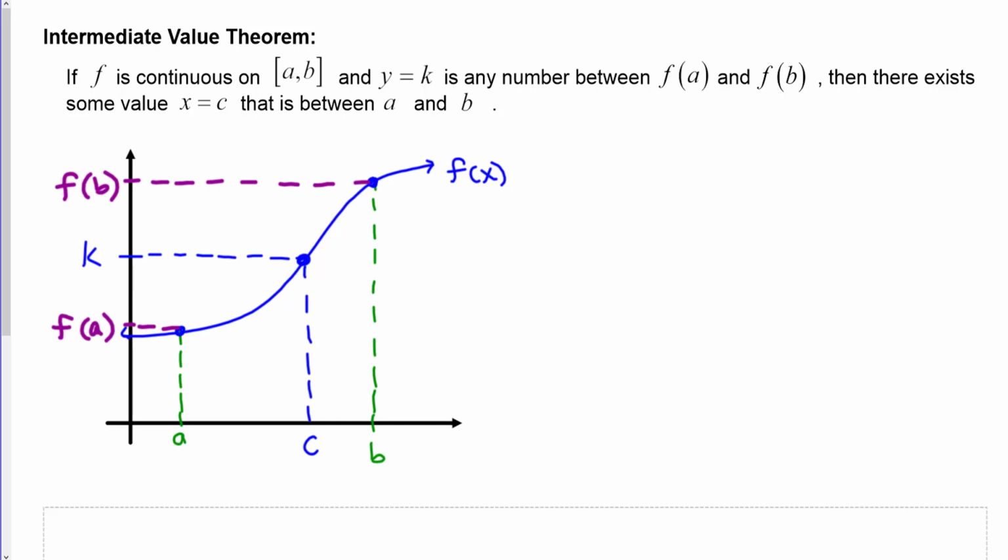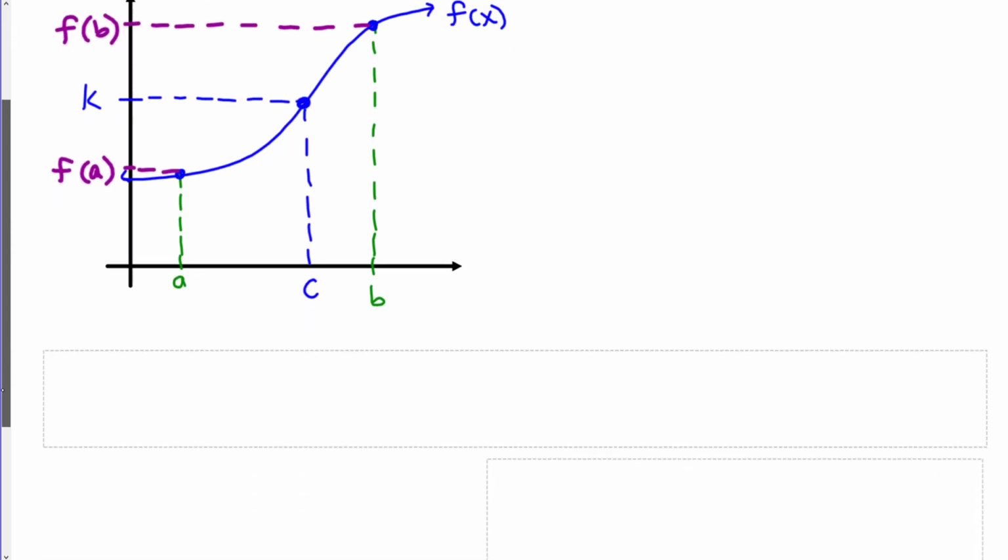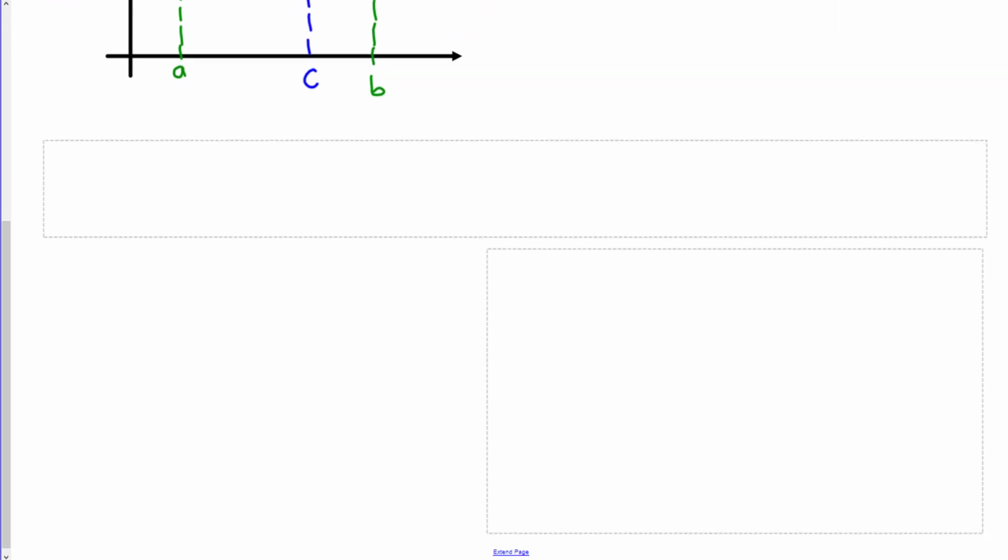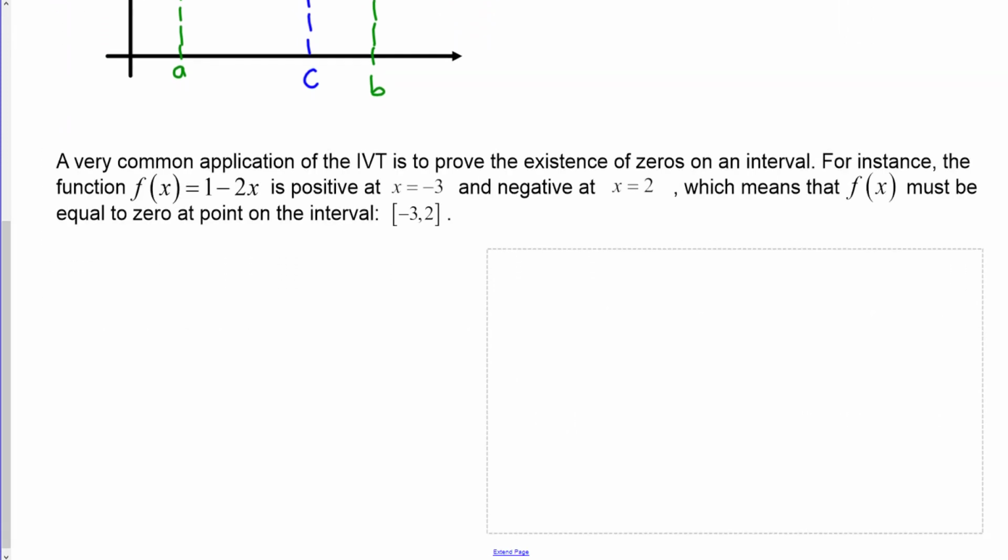The way that we use the intermediate value theorem is often through proving the existence of zeros on a particular interval. So, for instance, if I have a function f of x equals 1 minus 2x, and I observe that f of negative 3 is a positive result.